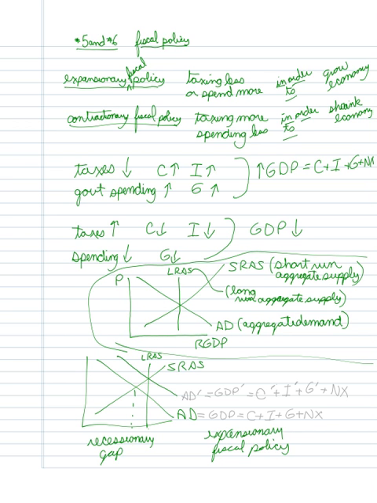But the idea here is that you're then going to shift out the aggregate demand curve, which equals basically my GDP, equal to C plus I plus G plus NX, because now GDP is higher. So we'll call that GDP prime, which is higher because my consumption is now higher, C prime plus I prime, or alternatively, my government spending is higher. And now I've moved my economy to the long run.